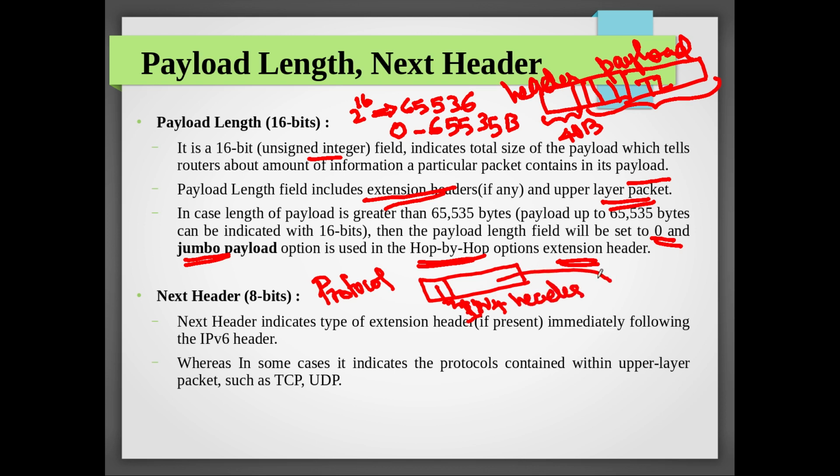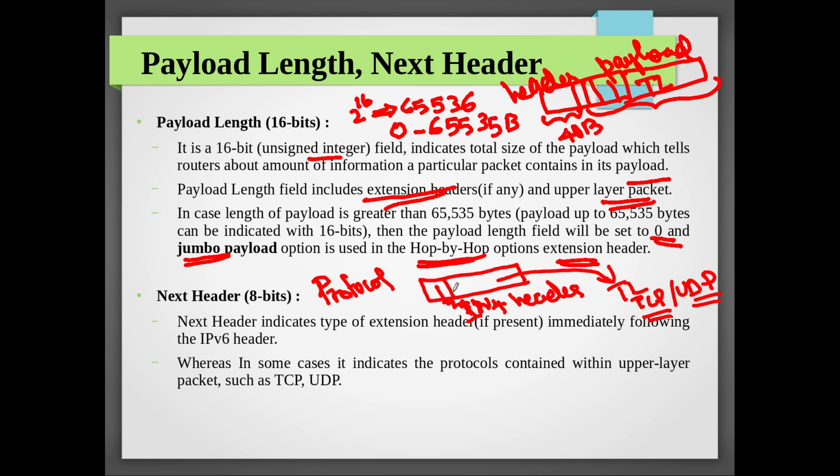And what is this payload in IPv4? It is some transport layer information. It can be a TCP payload or a UDP payload in general. So in the protocol field in IPv4, you represent the protocol number of TCP or UDP, according to what kind of payload it contains.